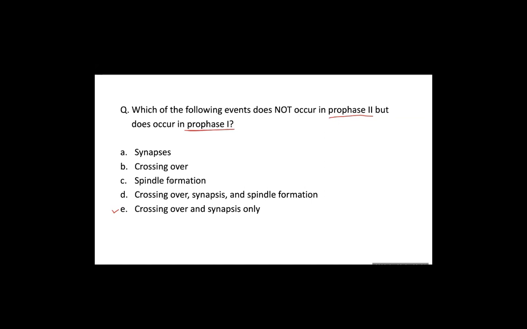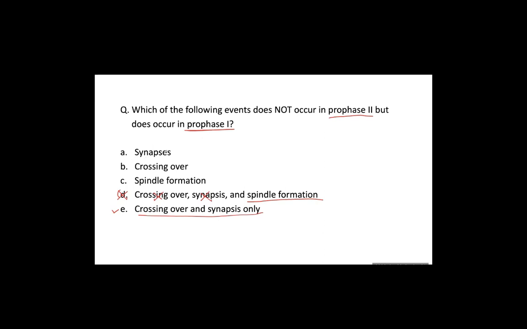In prophase 2, crossing over and synapsis cannot take place. So even though spindle formation might be correct, crossing over and synapsis cannot occur in prophase 2. Therefore, D cannot be the answer. Only synapsis is correct, but crossing over is also correct.